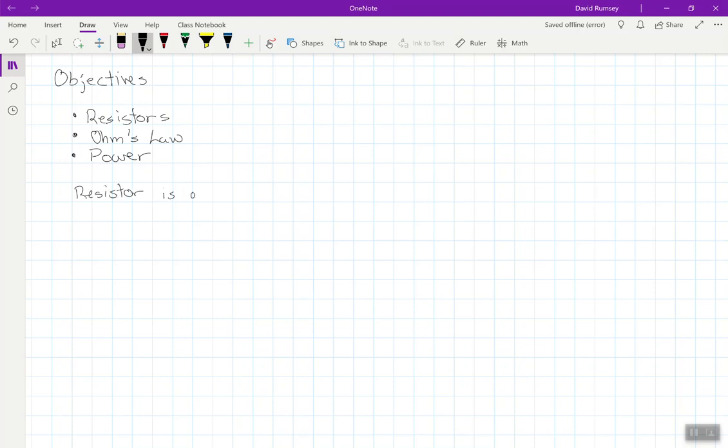is a circuit element that resists the flow of electricity, and also flow of charge.